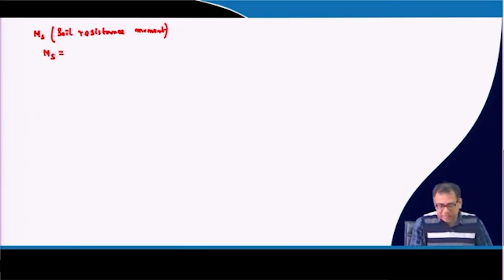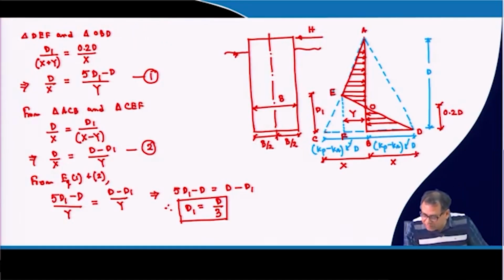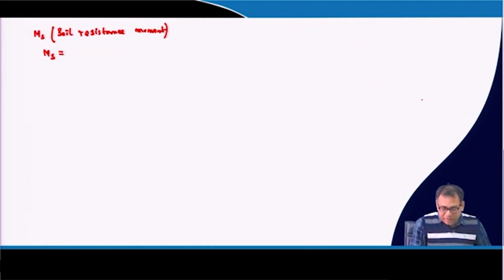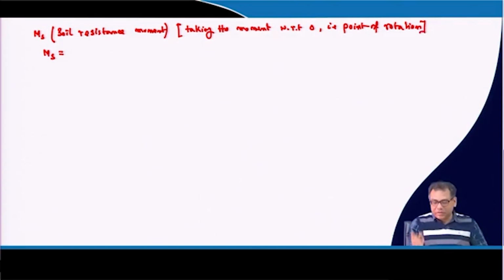This soil resistance moment we are taking with respect to O, because this is the point of rotation. So, we are taking the moment with respect to O, that is the point of rotation.